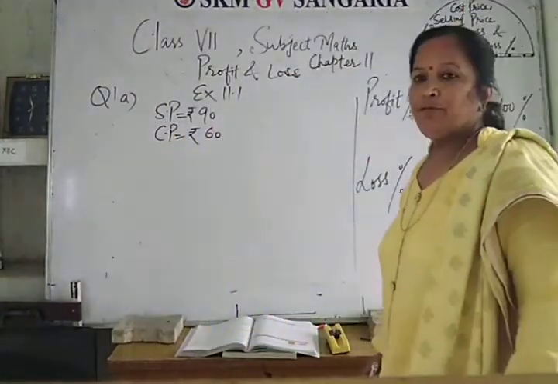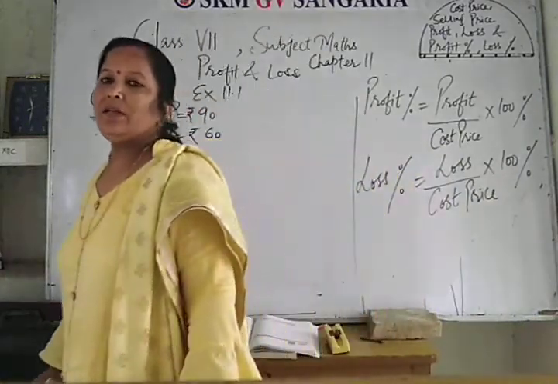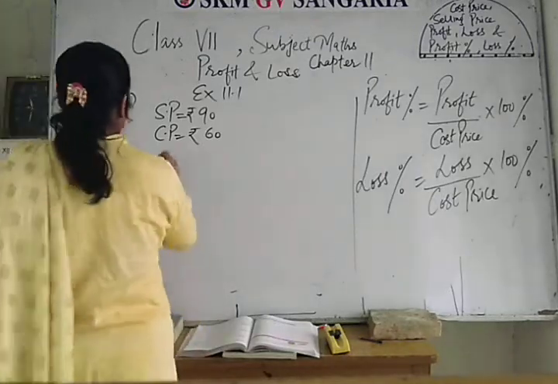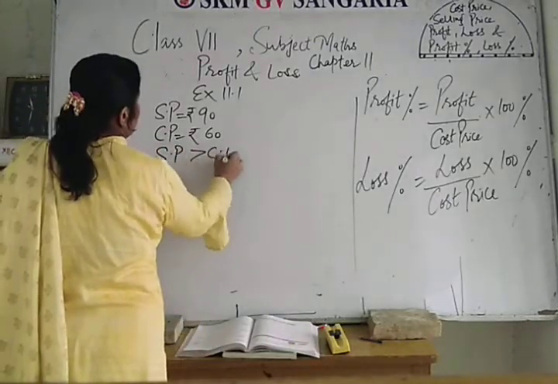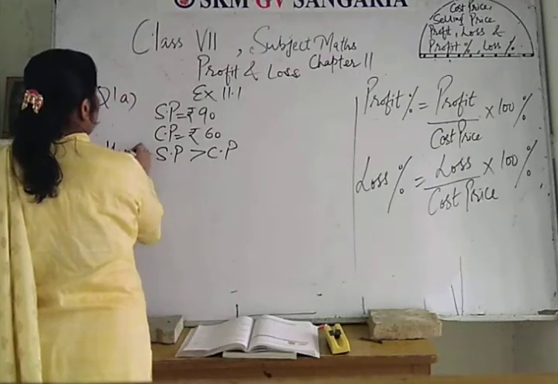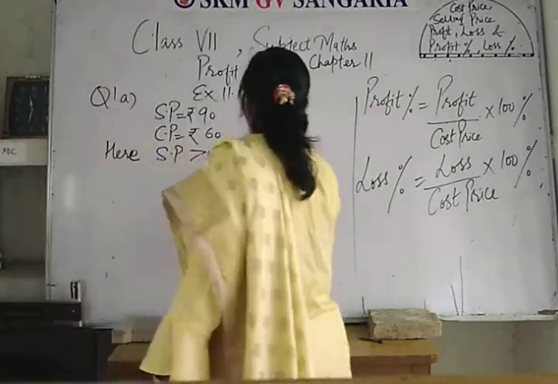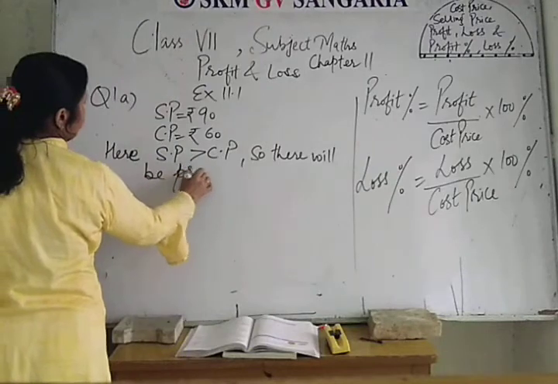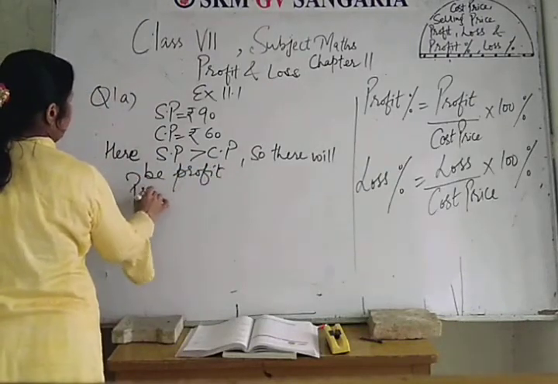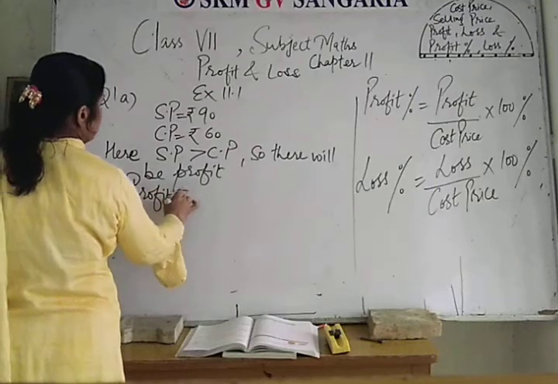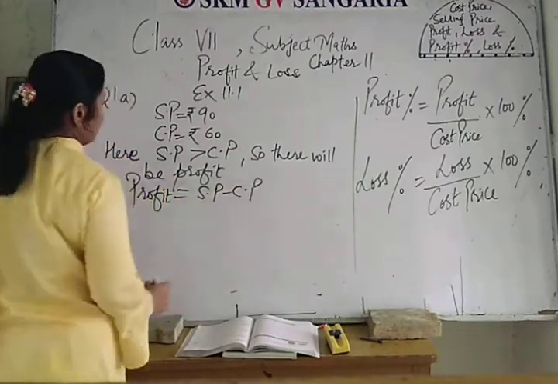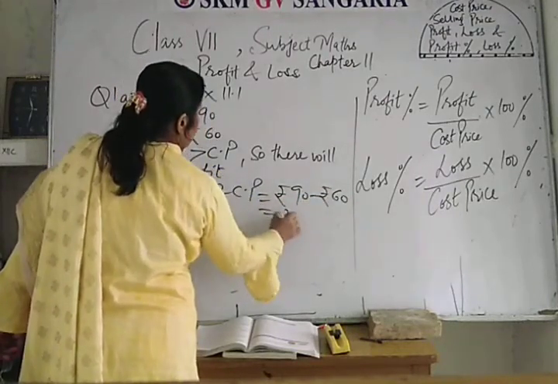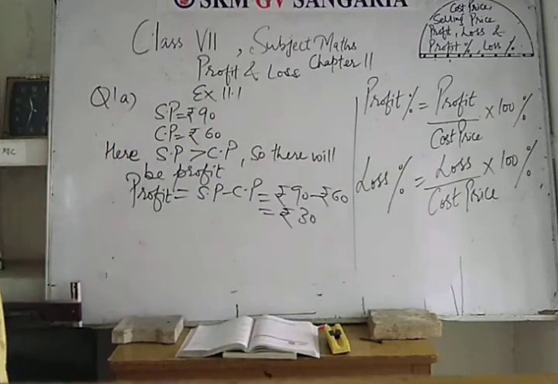If selling price is more than cost price, then there will be profit. Profit is equal to selling price minus cost price, that is rupees 90 minus rupees 60. Profit is rupees 30.